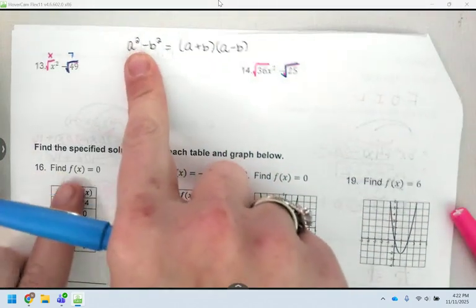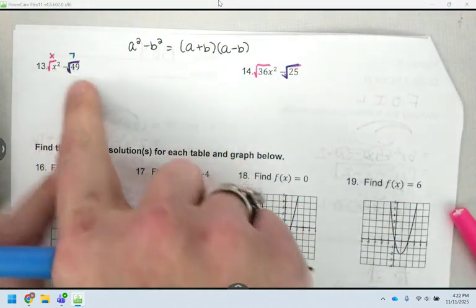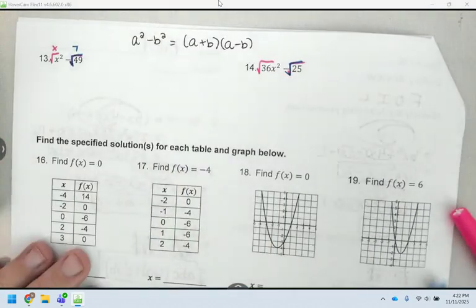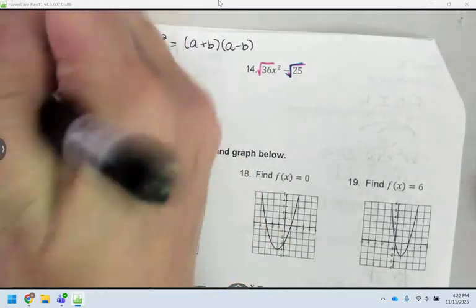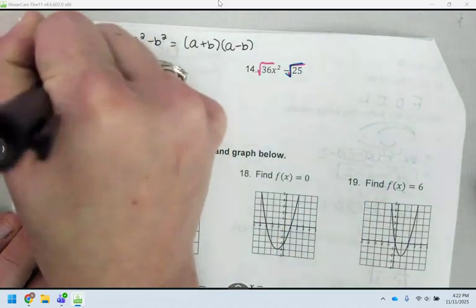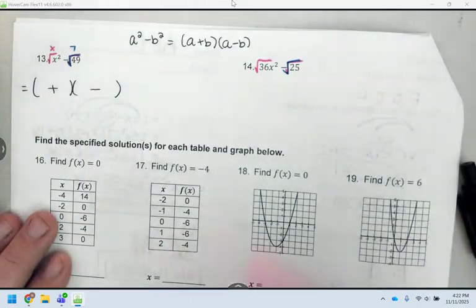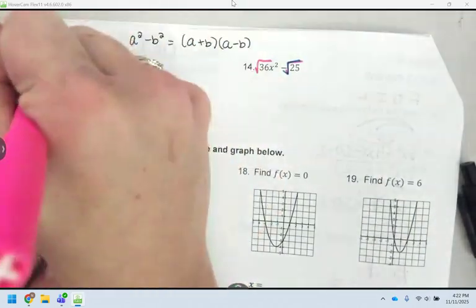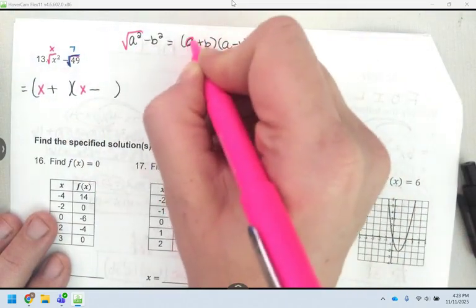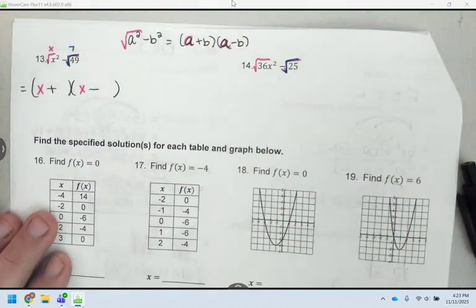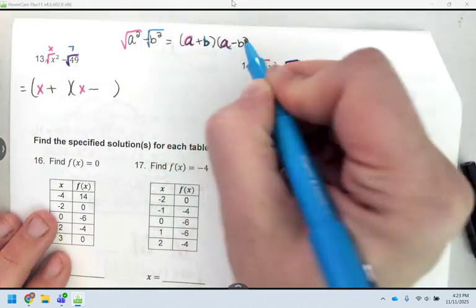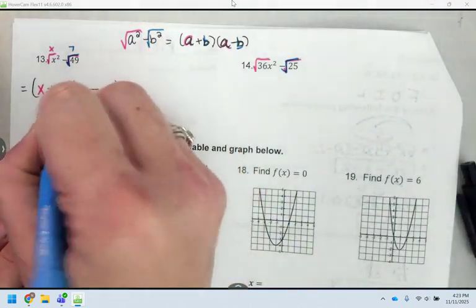So this is in this form. x squared minus 7 squared. 7 squared is 49. So that means we can write this in this form. Plus and minus. The square root of x squared is x. Again, like this right here, the square root of a squared is a. And then the square root of b squared is b. So 7 and 7.